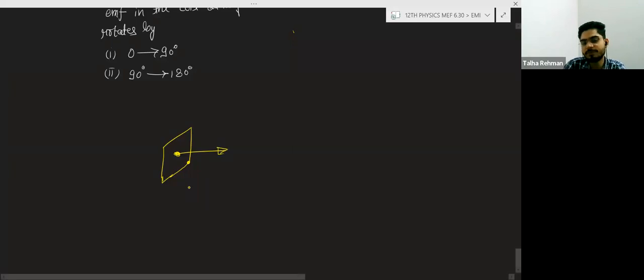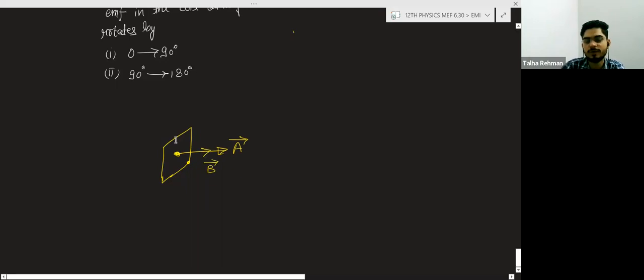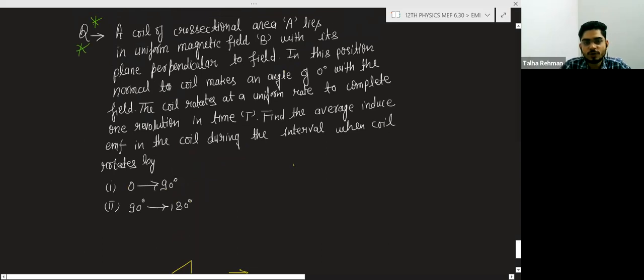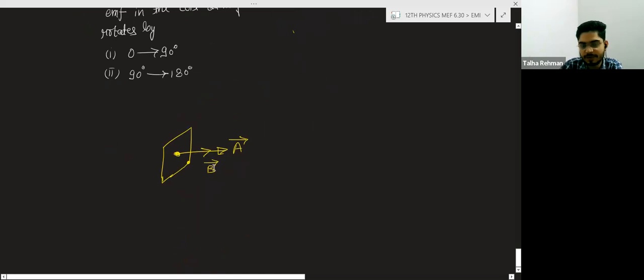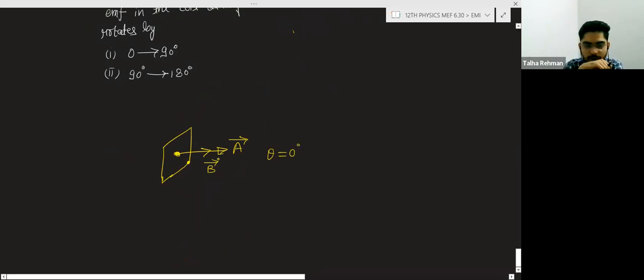Area vector will always be perpendicular to the coil, and this is also the direction of magnetic field. So they are saying in this position, normal to the coil makes an angle 0 degree with the field. So see, the angle between the area vector and the magnetic field vector is 0 degree. So theta here is 0 degree in this position. This is the first position.